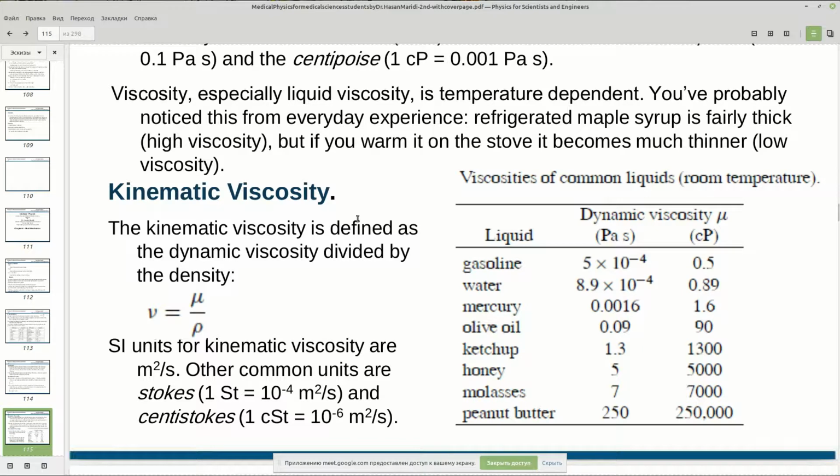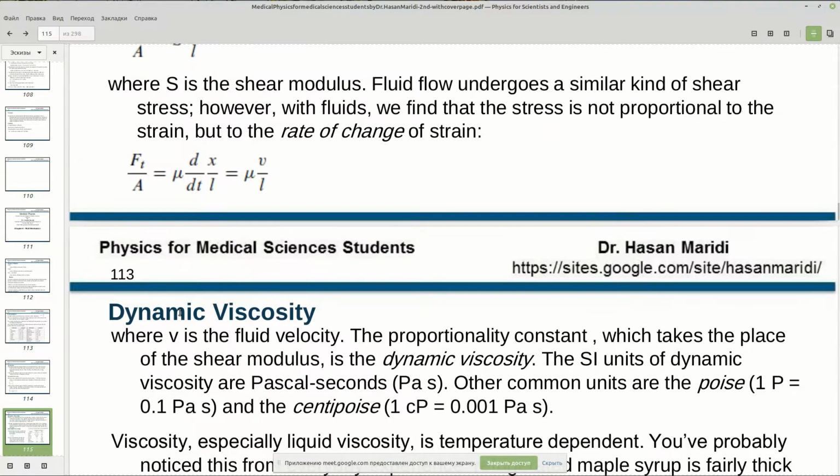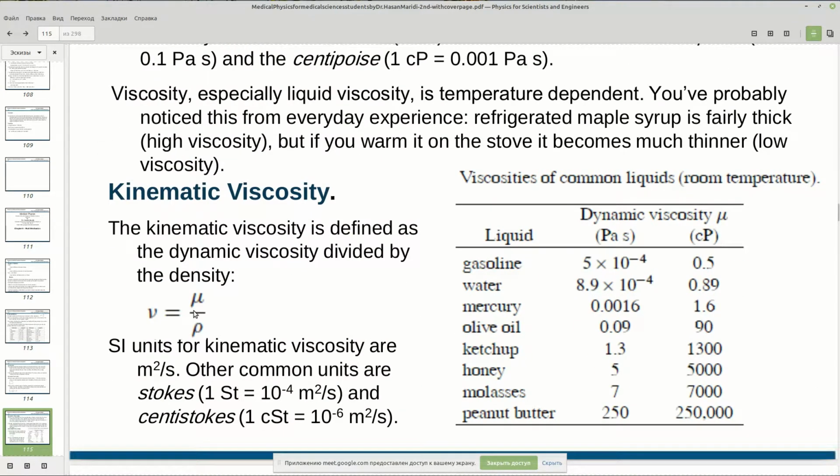So, kinematic viscosity. Kinematic viscosity is defined as the dynamic viscosity divided by the density. Nu is equal to mu divided by rho. The SI units for kinematic viscosity are meters squared per second.